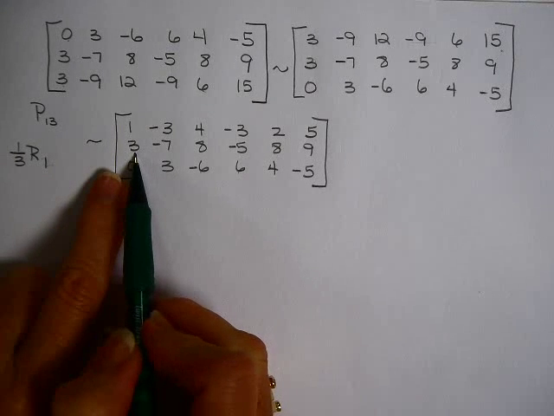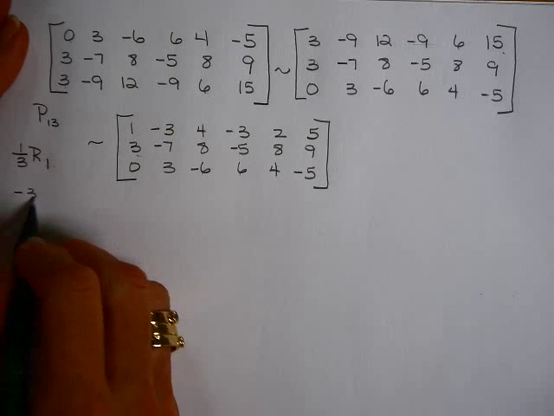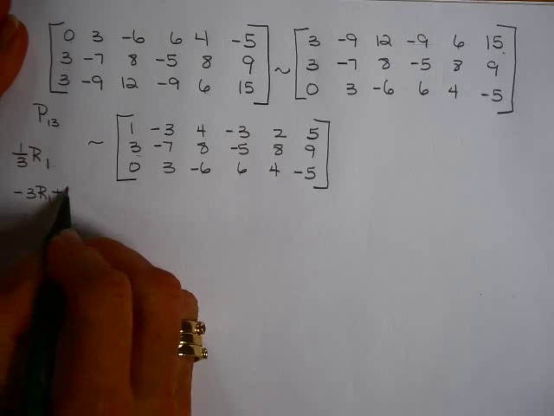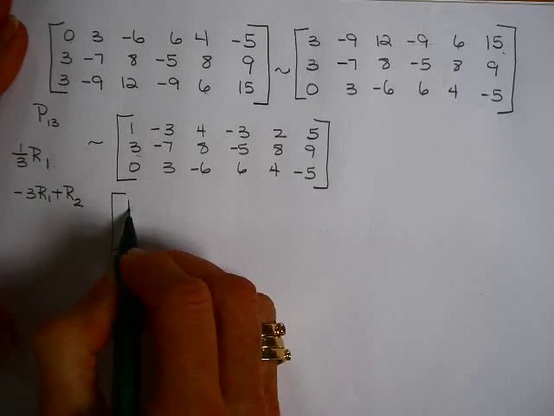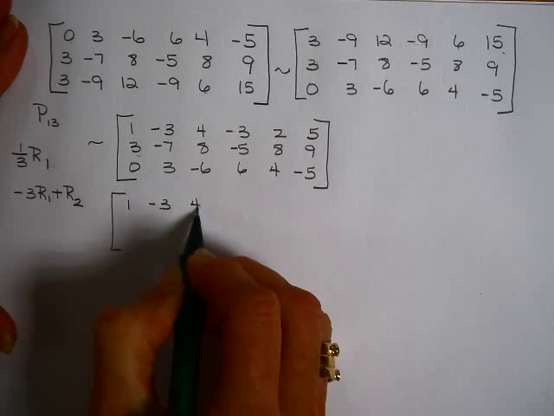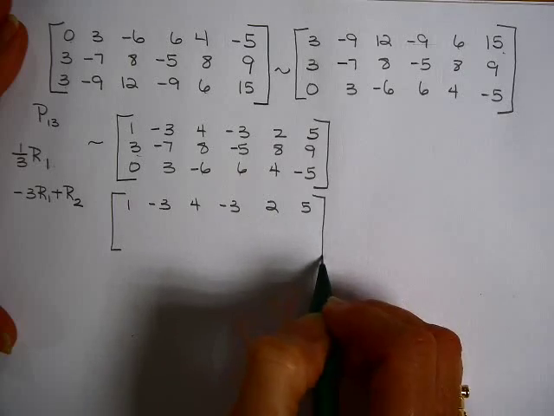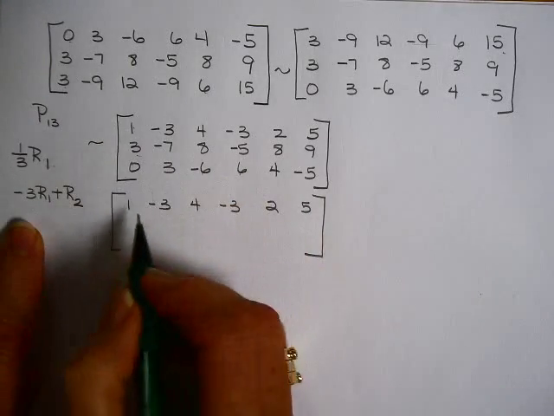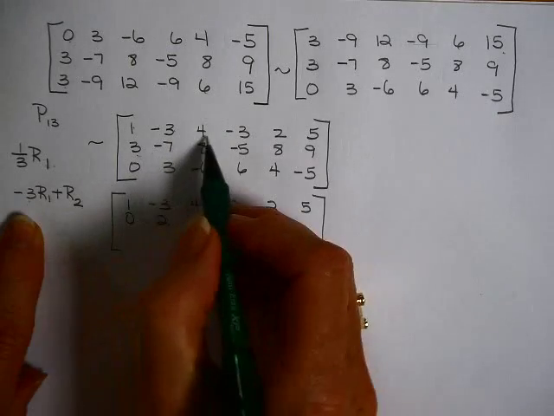Okay, I need to get a 0 in this position right here. All right, multiply negative 3 times row 1 and add it to row 2. Does row 1 change? No. Just rewrite it. Negative 3 and 3 is 0. 9 minus 7.